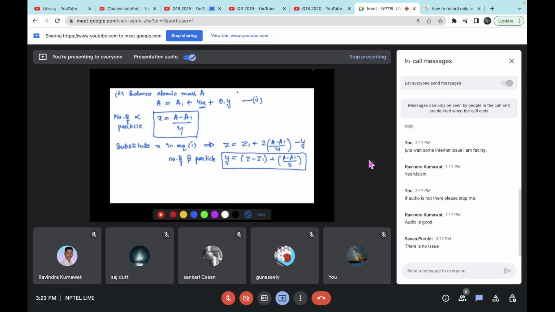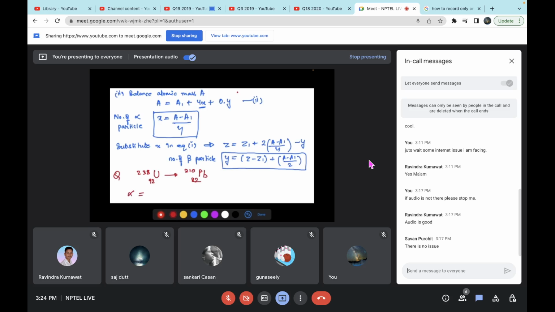Now to solve our problem, which is uranium 238 with atomic number 92 giving 210 with atomic number 82, first I will find the number of alpha particles.